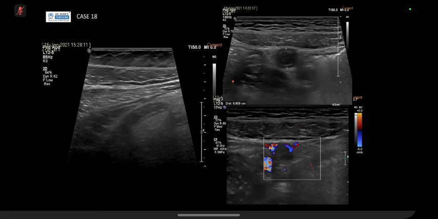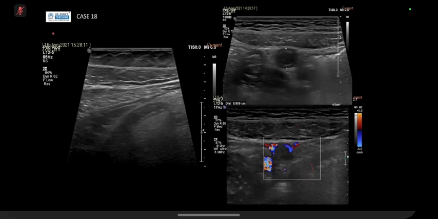Okay, I can see on the right side, there's a blind-ended tubular structure with alternating hyper and hypoechoic muscular bands. And on the left side, top left, is the transverse image of the previously mentioned tubular structure.